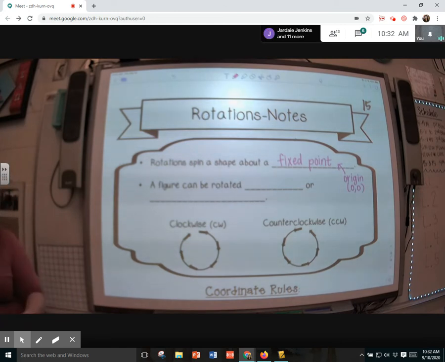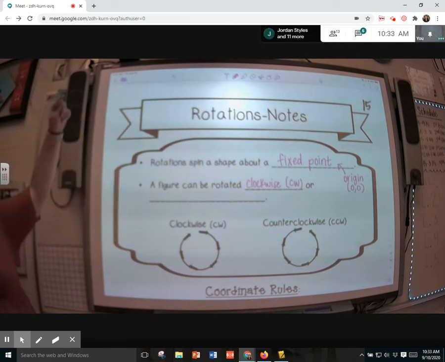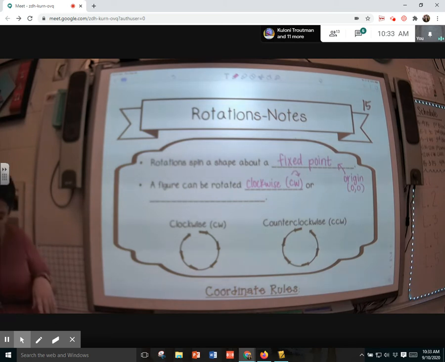A figure can be rotated clockwise. And clockwise is as you go around the clock, you go towards the right. And then there's counterclockwise, which is just the opposite direction.